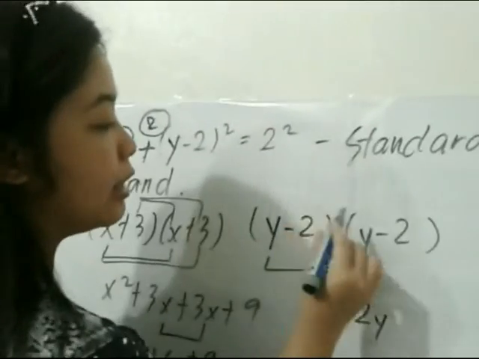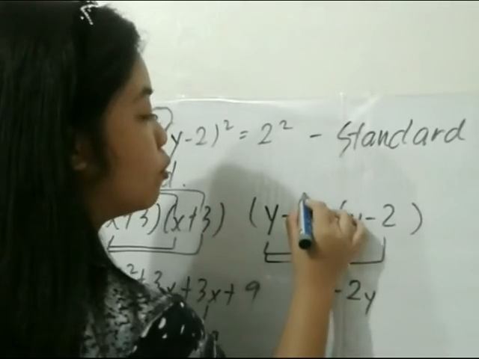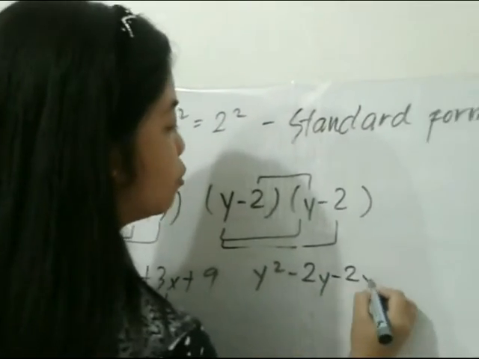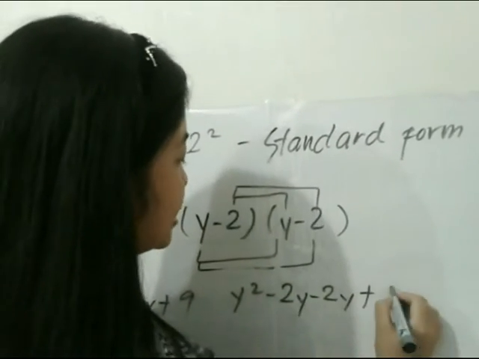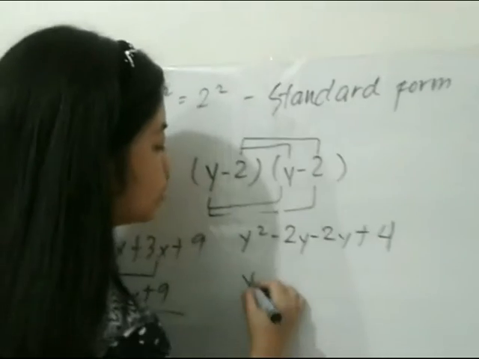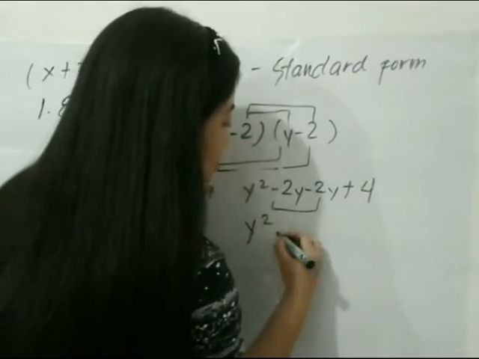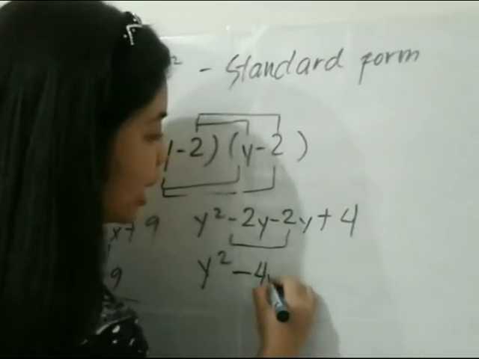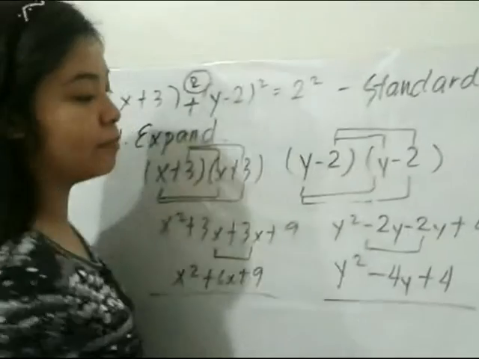And then -2 times y would become -2y. -2 times -2, that would be +4. Then y squared, add the like terms. y squared minus 4y plus 4. This would be the final sum.